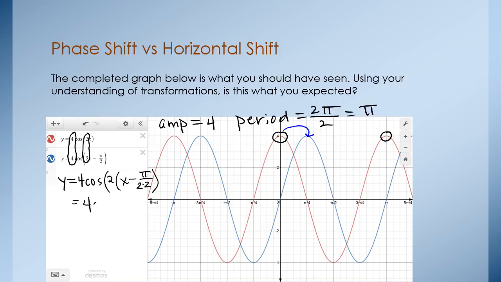So this becomes 4 times the cosine of quantity 2 times the quantity x minus pi over 4. And it's that minus pi over 4 that is creating my shift to the right of pi over 4 units. So again, just like we saw with the period of the function, what we expect to see on the inside of the function ends up showing itself as the opposite when we go to graph it.